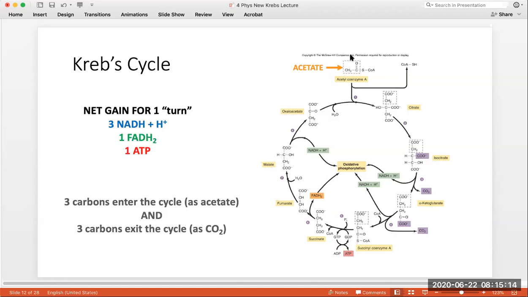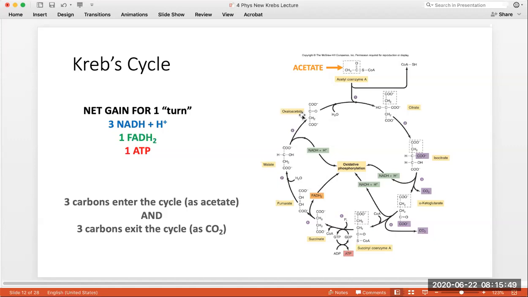So remember that your pyruvate, as it crosses the outer membrane of the mitochondria, you lose a carbon as CO2, so it gets converted to this 2-carbon intermediate, which is acetate, and then coenzyme A attaches to it. That acetate is going to combine with oxaloacetate. So oxaloacetate plus acetate gets converted to citrate. Now, coenzyme A is involved in facilitating this reaction.